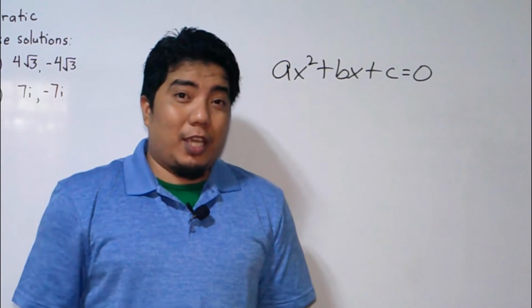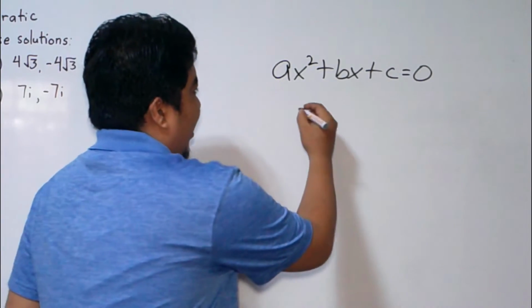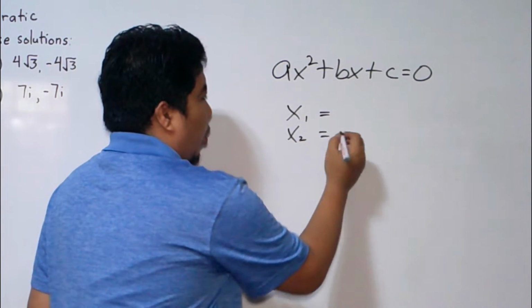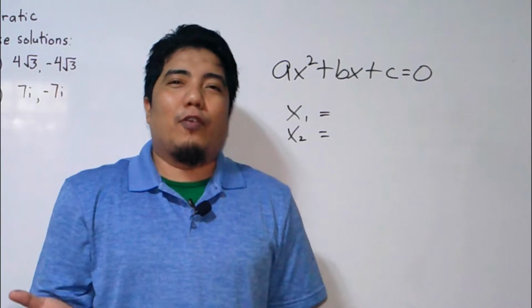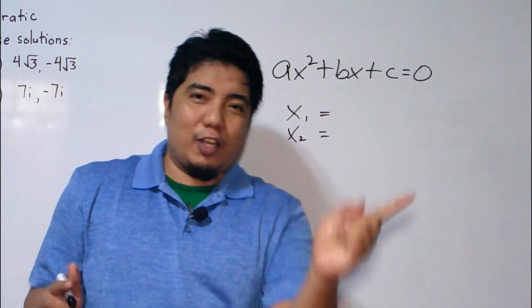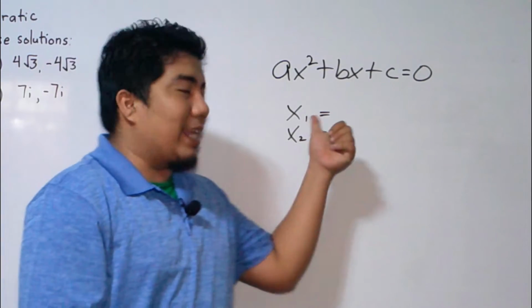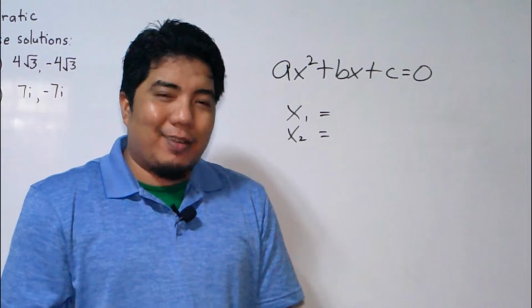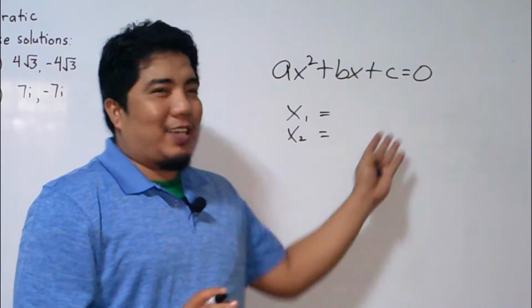So, the question is, if you are given the x1 and x2, which are the solutions of your quadratic equation, the first value of x and the second value of x, so that is x sub 1 and x sub 2, how will you obtain your quadratic equation if these are the given?